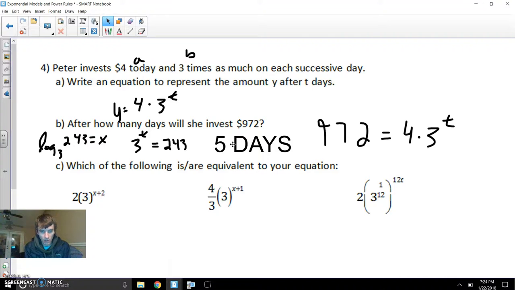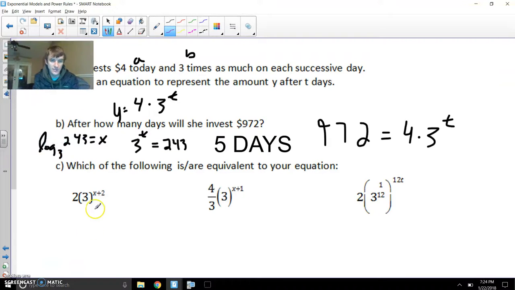So which of these are equivalent to your equation? We talked about how to split up some of the ways that you have these numbers, 3 raised to x plus 2 power or 12t or whatever. So this one is 2 times 3 to the x power times 3 squared, because if you wanted to put two bases together by multiplying them, you would really just add their power.